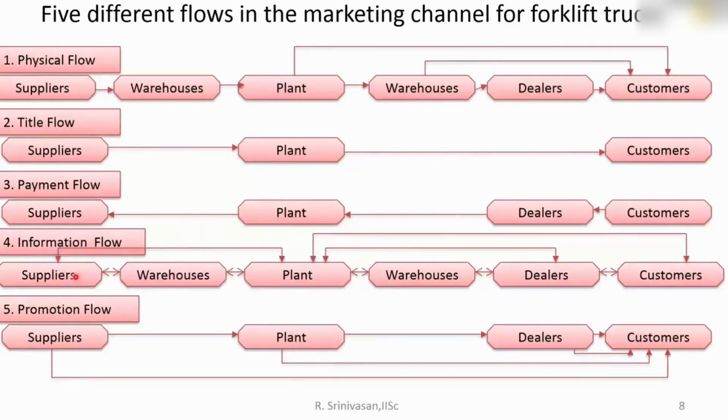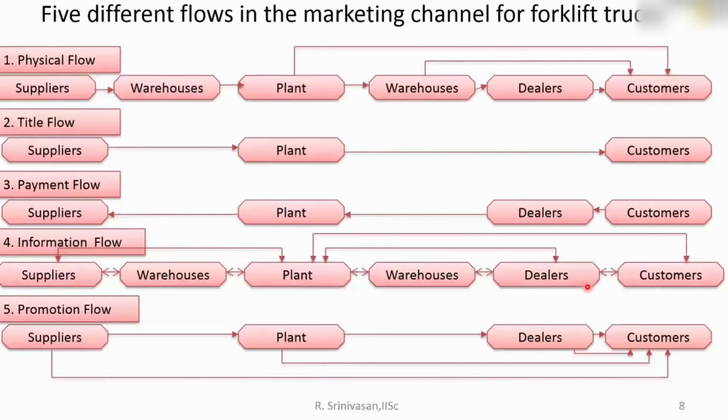There is an information flow to and from the suppliers to the warehouse, to and from the warehouse to the plant, to and from the plant to the warehouse, that is the finished product, then again to and from the dealers, and again to and fro between the warehouse and the dealers, again to and fro between the dealers and the customers.